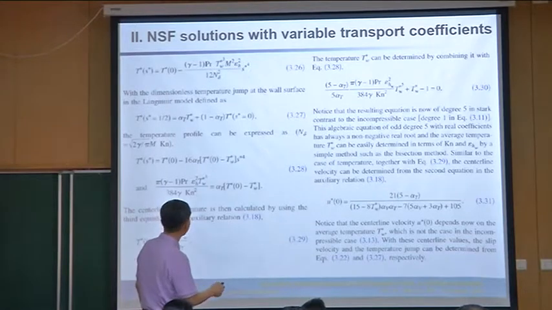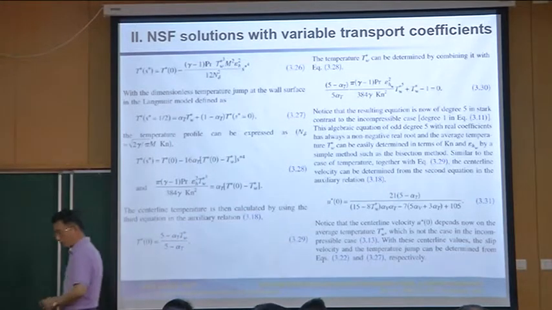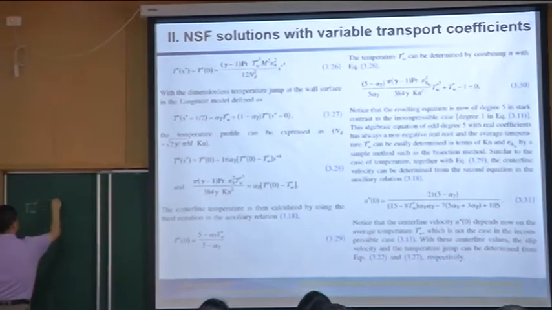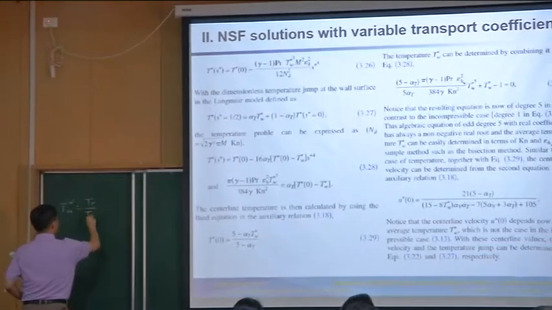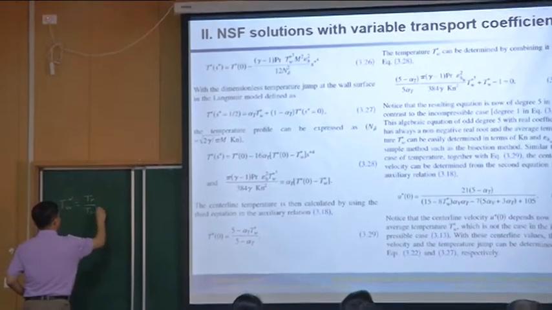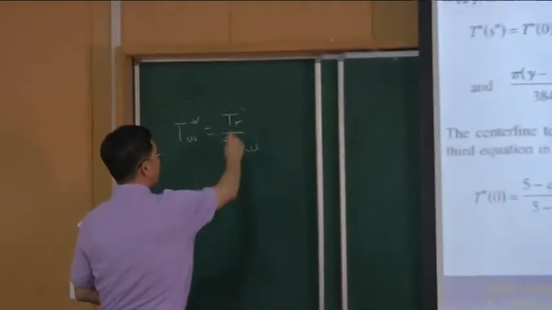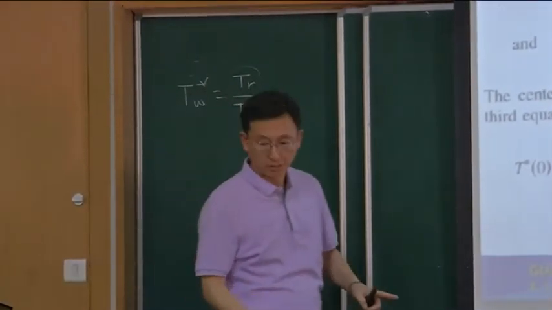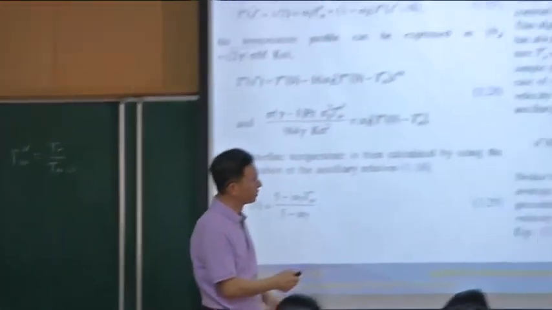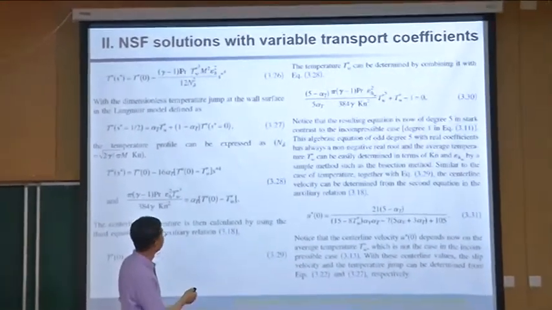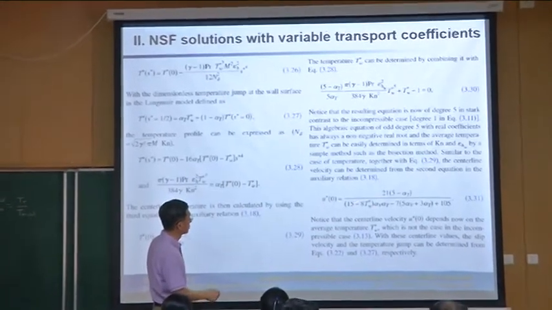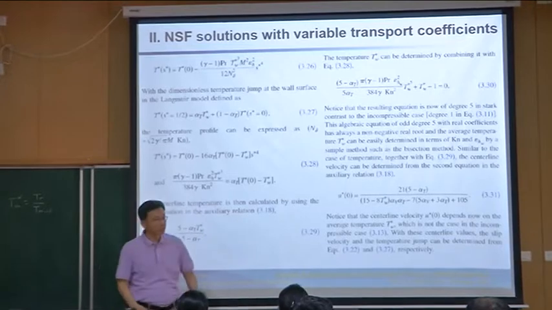T star W is, because I introduced it, TW divided by TR, the wall temperature divided by the reference average temperature anyway. So this is the solution you have to determine, and this equation will give you verification. And then through this equation we have the central velocity and so on.